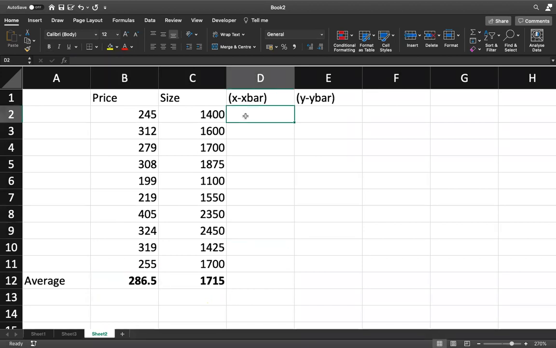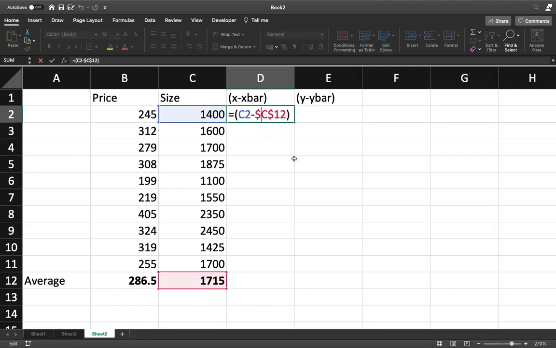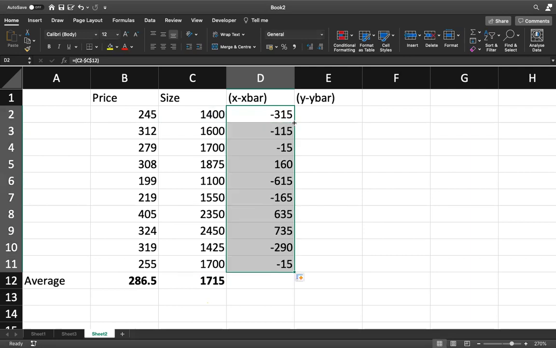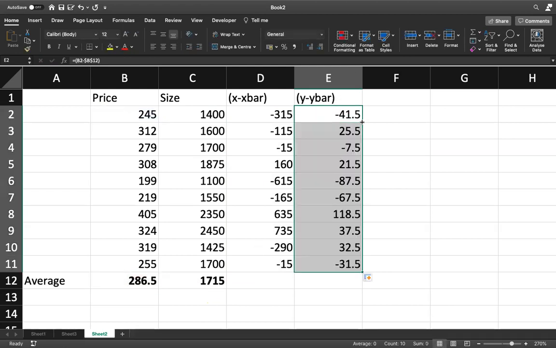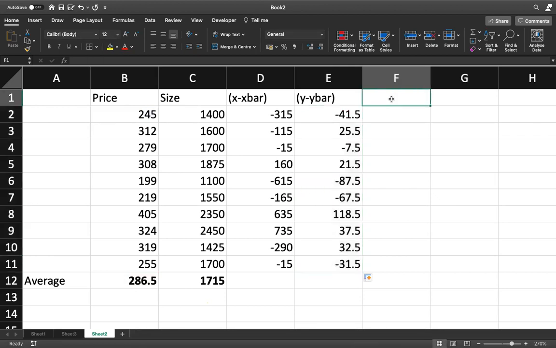Your X minus X bar is the size minus the average value, which is 1715. We run it through, and then we find the value. And the Y minus Y bar is the price minus the average price also. We run it through, and then we obtain our Y minus Y bar.